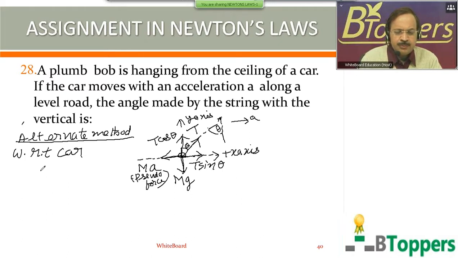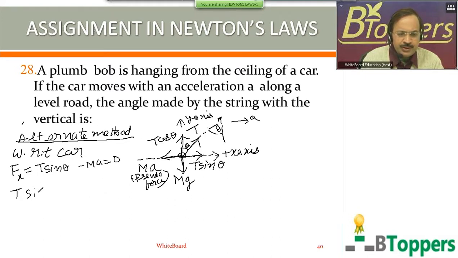So here, with respect to the car, the bob appears to be stationary. When the car moves with a constant acceleration, this theta will be constant. So therefore, the x component of the resultant force will be T sin theta minus ma, that will be 0.